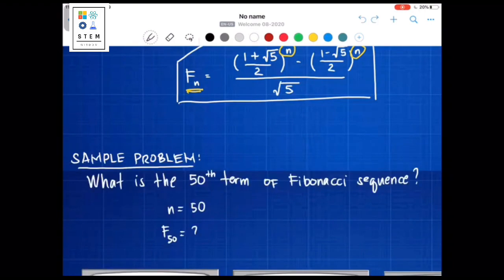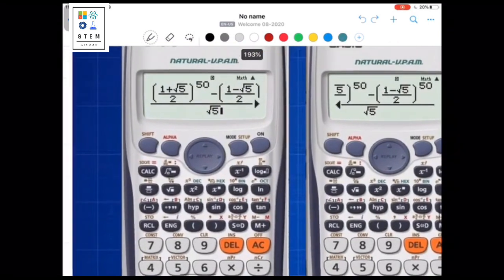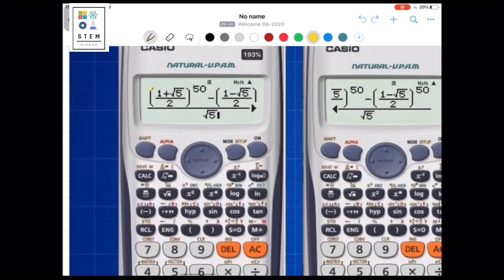So, we have calculator dito na screenshot na lang. Okay, so pag tinype nyo siya, ganito ang magiging itsura niya. Okay, so 1 plus square root of 5 over 2 raised to 50. Okay, sa calculator, mahalaga yung mga parenthesis. So, ibig sabihin yan, siya lang yung naka-raised to 50. Minus, parenthesis ulit.